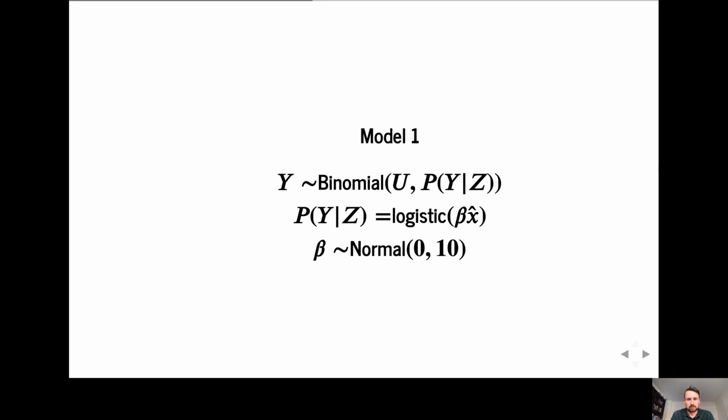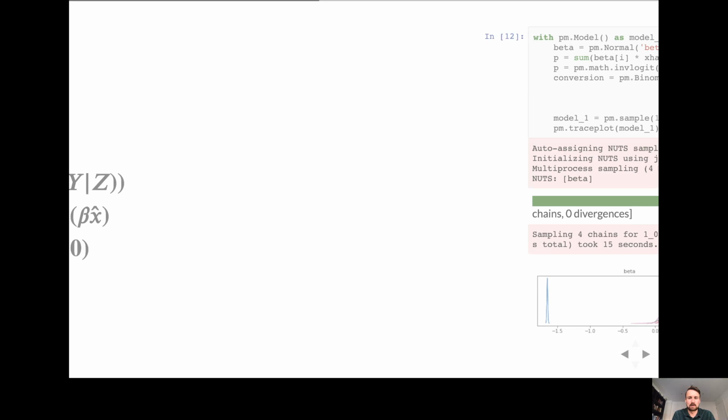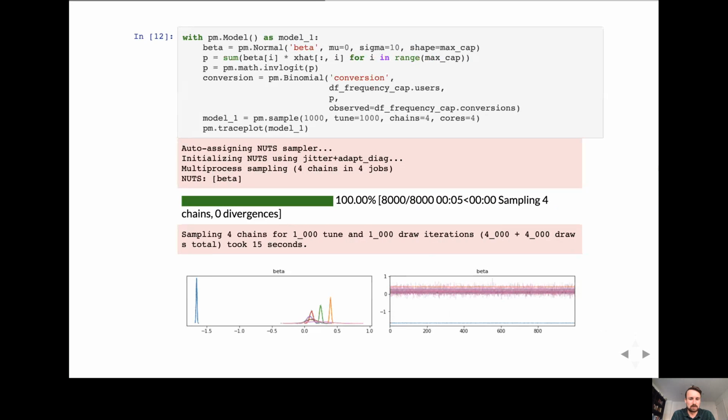Okay, so let's look at our first model. What makes sense to start with is to use a binomial regression in which we use the logistic link function to estimate our model. This can be easily implemented in PyMC3, and we can already see in our posterior plots of beta that we get these different effects.